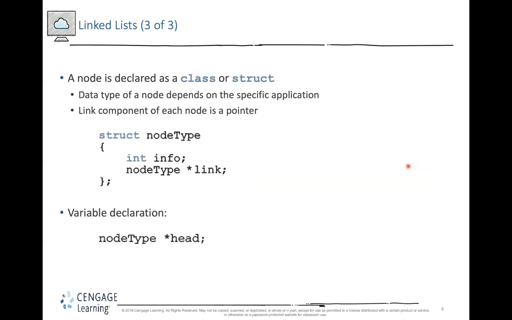Now, obviously you can use different ways to make up the data structure for that node itself. It can be declared as a class or a structure. As I mentioned earlier, these two data types are almost equivalent, except for some minor differences in default visibility of the members.